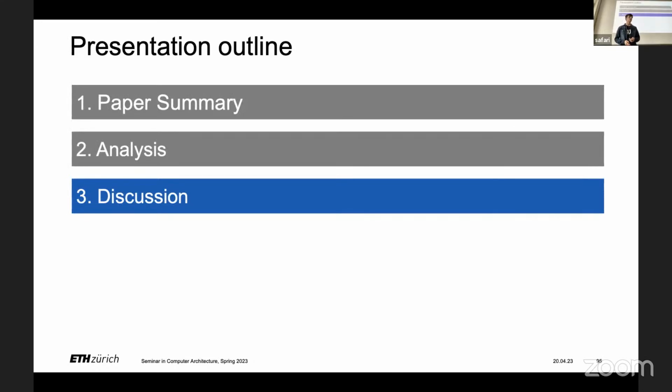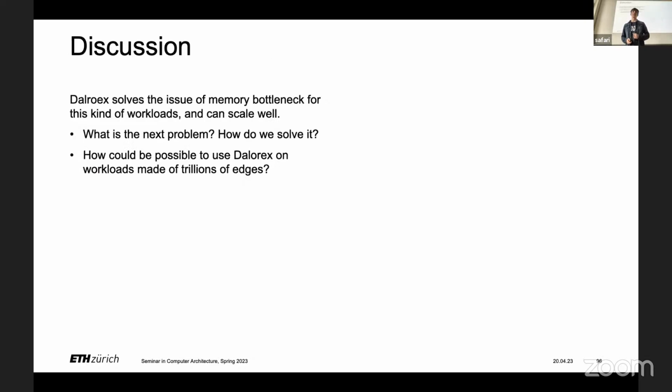So now it's time for some discussion. I prepared some slides and hopefully you can either participate or not. So Dalorex does solve the issue of being memory bottlenecked for some kind of workload and does scale well. So I'm going to ask you, what is the next problem?